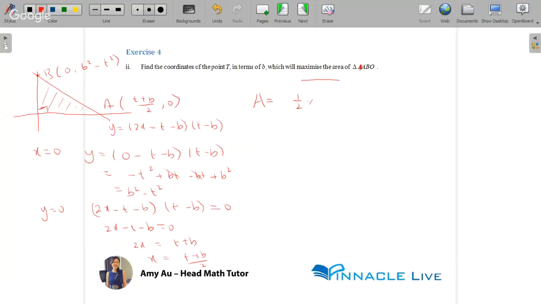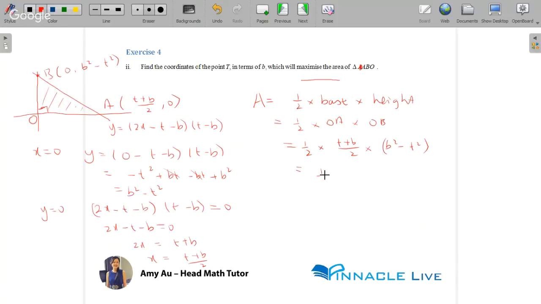So half base height for a triangle. So half, let's call that O, OA, OB. OA is that distance there, which is just the x coordinate. OB is that distance there, which is that coordinate.